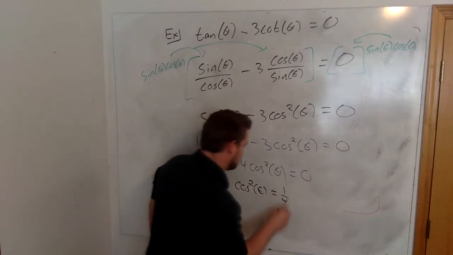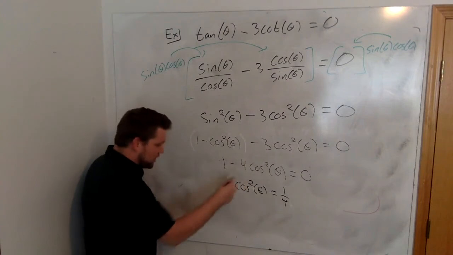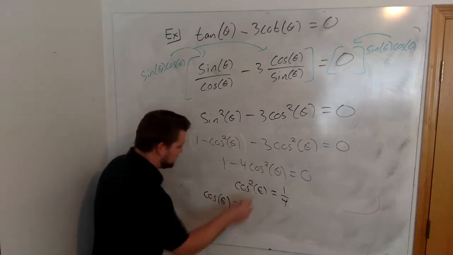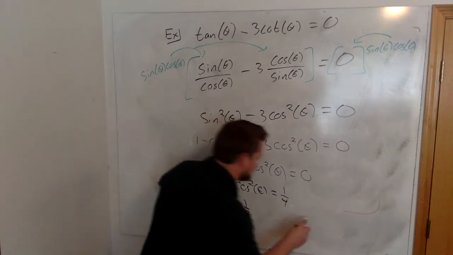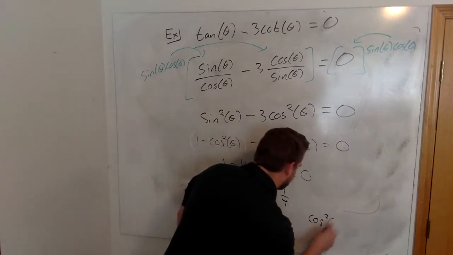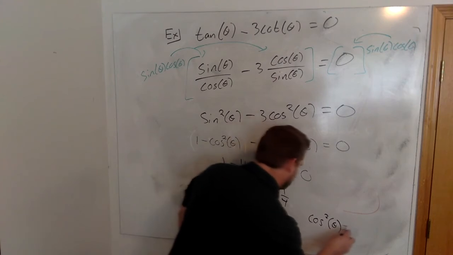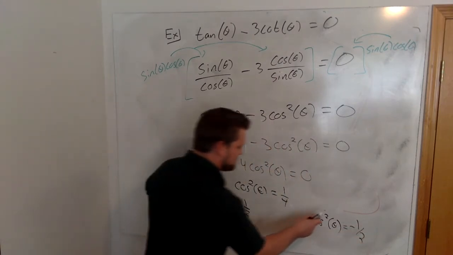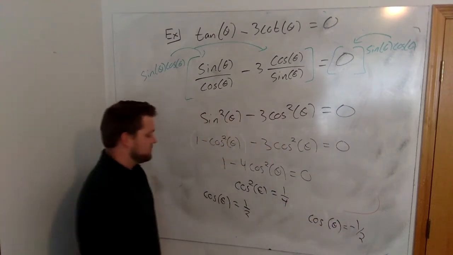This will be equal to 1/4. Or if we square root both sides, I hope you see that we could get the cosine of theta could be equal to 1/2, or that the cosine of theta could be equal to negative 1/2.